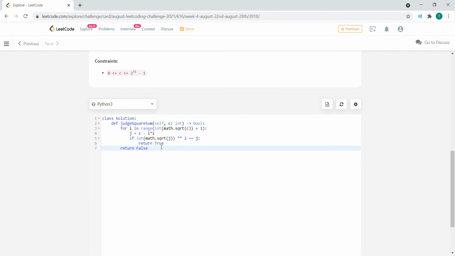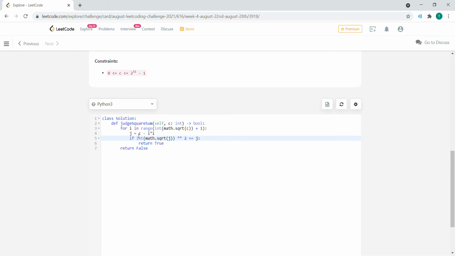Excellent. So the time complexity for this, since we have a for loop here, would be big O of n times a constant, which is big O of n, where n is the integer range we iterate through.